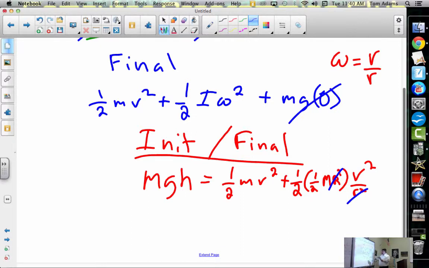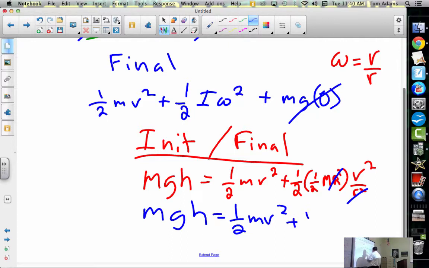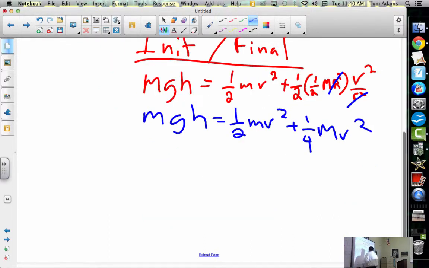And so if I clean up this other side, I've got mgh is equal to 1/2 times the mass times the velocity squared, and then plus 1/4 times the mass of the pulley, big M, times the velocity squared. See how that works? Cancel all the M's? Well, you can't cancel it out, can you? No, that doesn't work out, does it? Can't cancel it out.